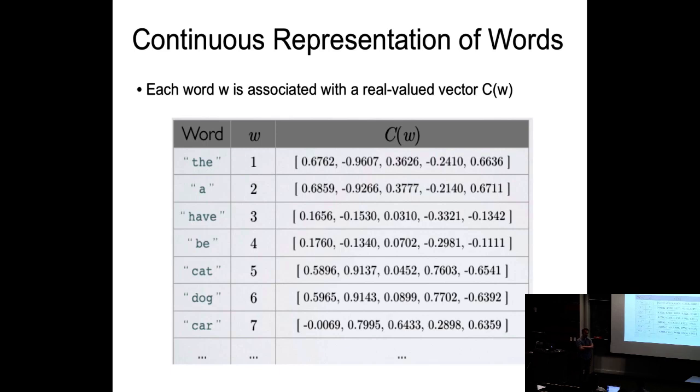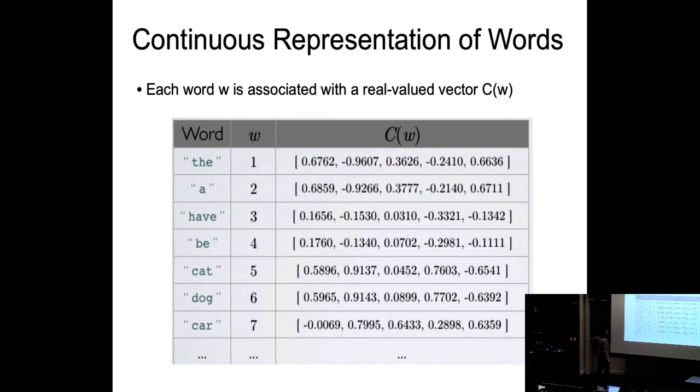So what we're going to do instead, and this is something that has been done in the last 12 or 13 years, is that each word W is going to be associated with a real valued representation, C of W. The idea is to map words like "the" into some continuous vector, let's say a 5-dimensional vector.